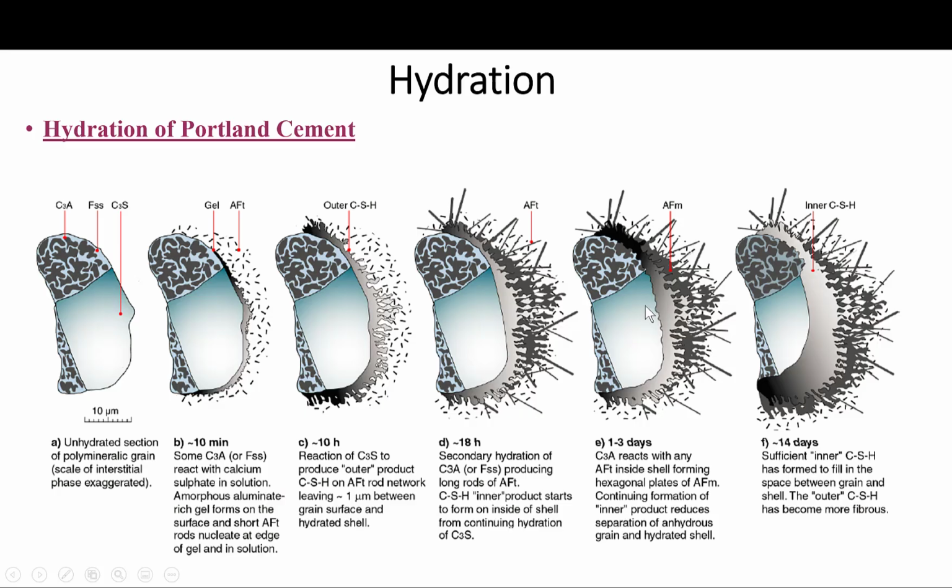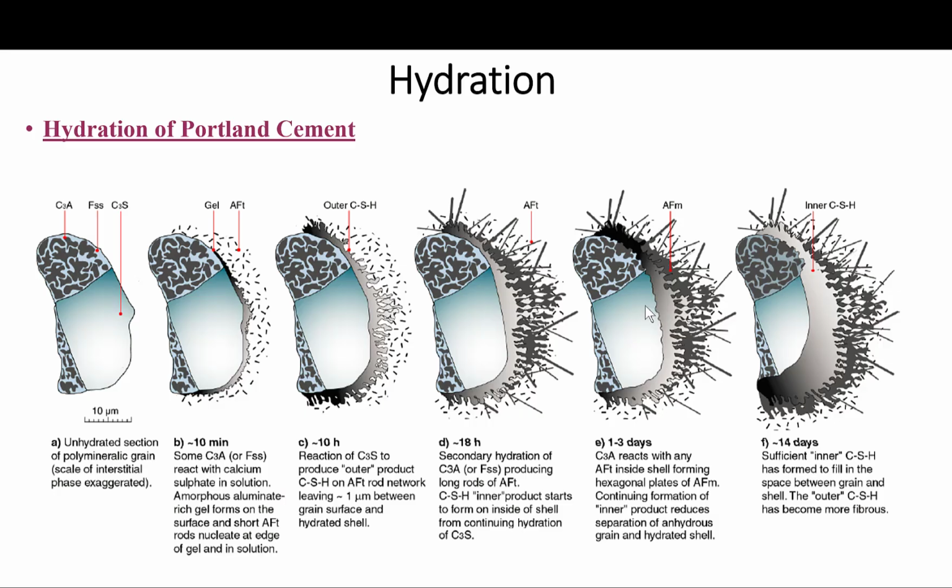The rate of hydration, again, is likely to depend on the diffusion rate of water or ions to the anhydrous surface. Okay? And like I said, according to Scrivener, the slowdown is caused by the limiting growth of the calcium silicate hydrate needles rather than the diffusion coefficient.